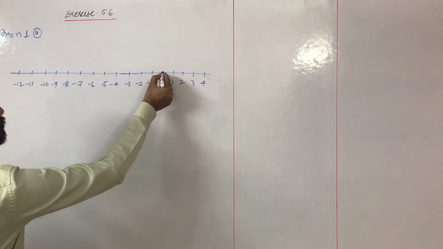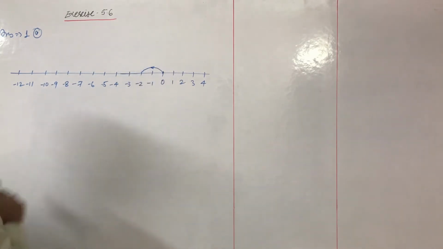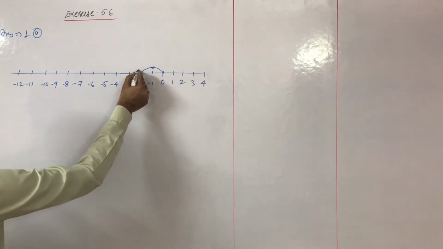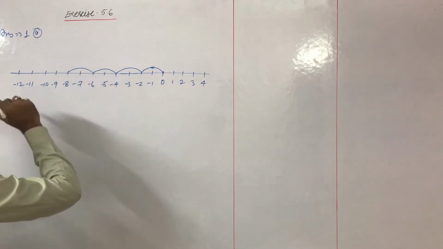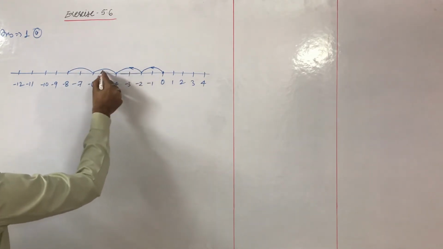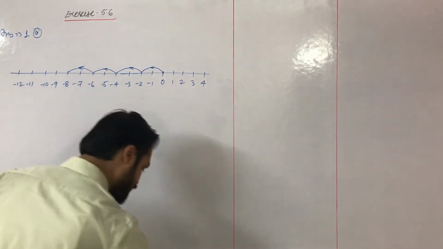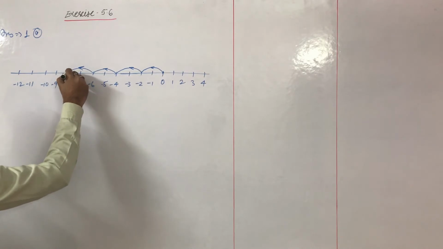So 0 to -2, first move or first jump in the negative direction of 2 units. Second move, third move, and fourth move. So after the last jump, we are somewhere here.